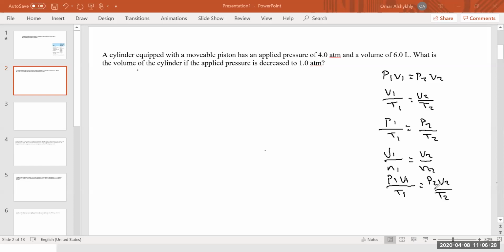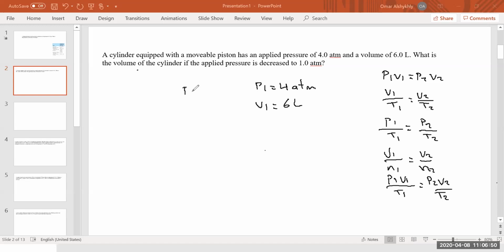Now, look at the information that has changed here. So we have pressure, so P1 is 4 atmosphere. V1 was 6 liter.